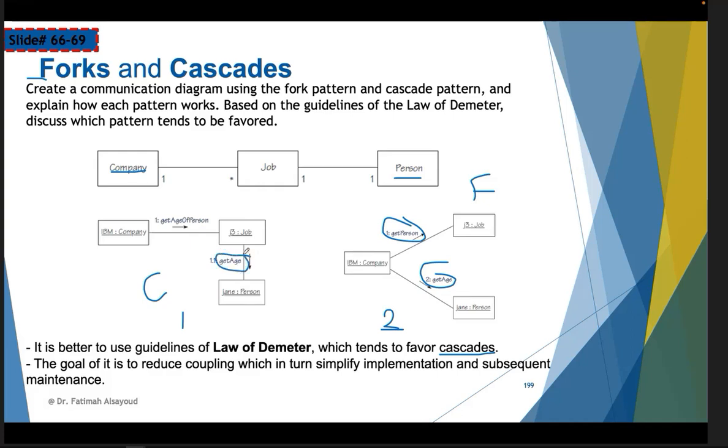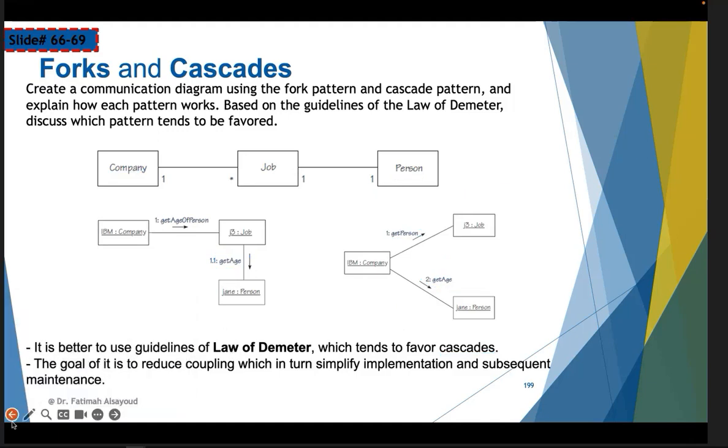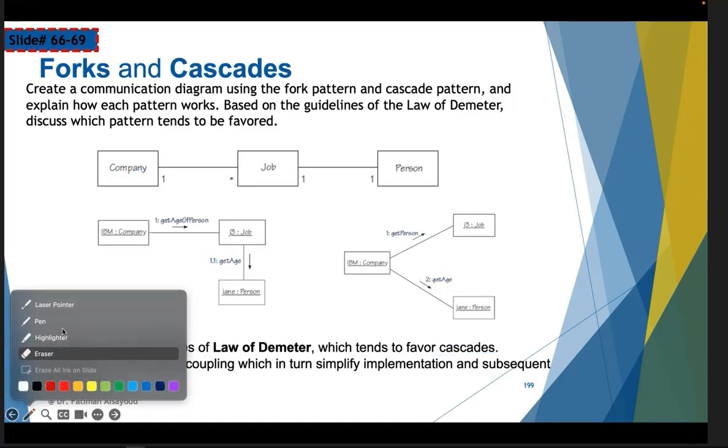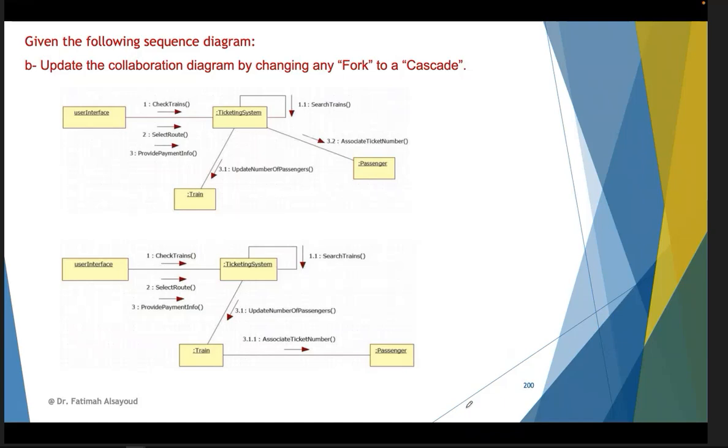So this is gonna be cascade. بناء على whatever we studied بunit 1 اللي هي low geometry, we're trying to have a low coupling. تقليل العلاقات. مين راح يكون عندنا الأفضل؟ Who is preferred? الكاسكيد ولا الفورك؟ الفورك. هذه هي مين؟ الكاسكيد. صحيح. الكاسكيد هي المفضلة، هي الأفضل بالنسبة لنا for low coupling.